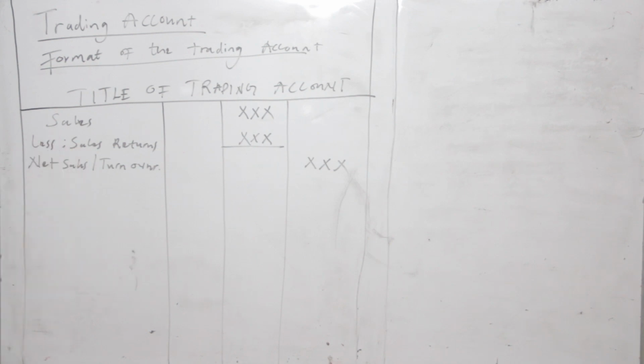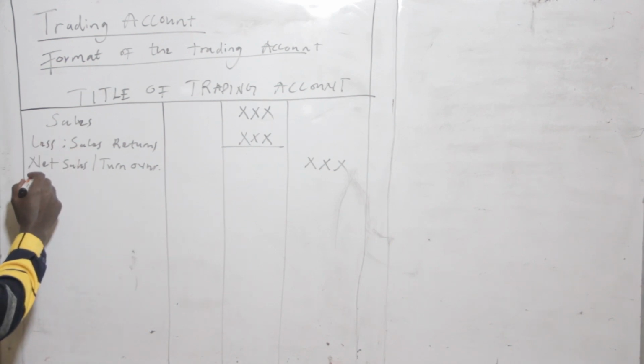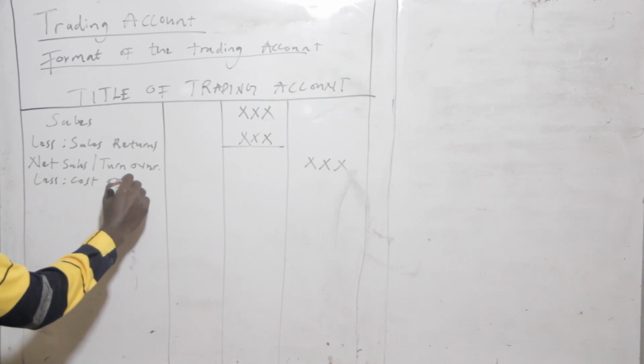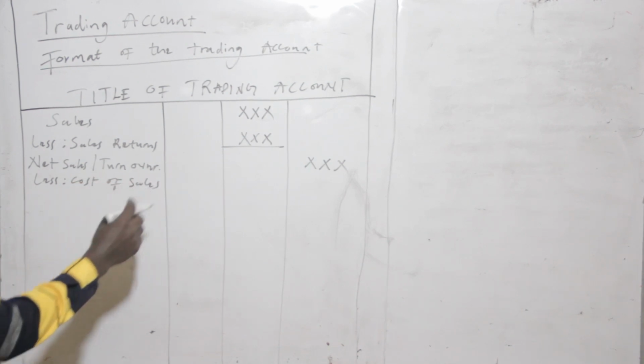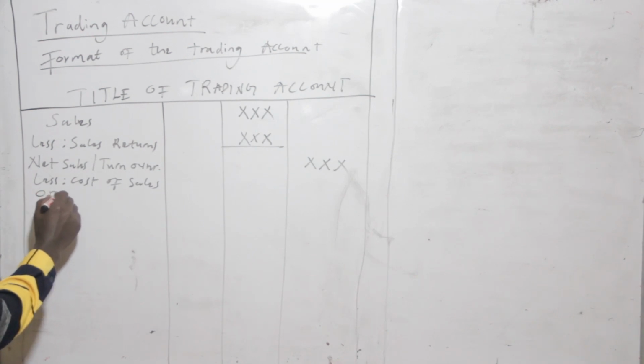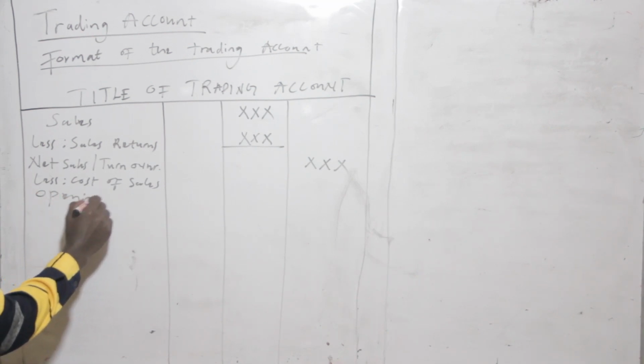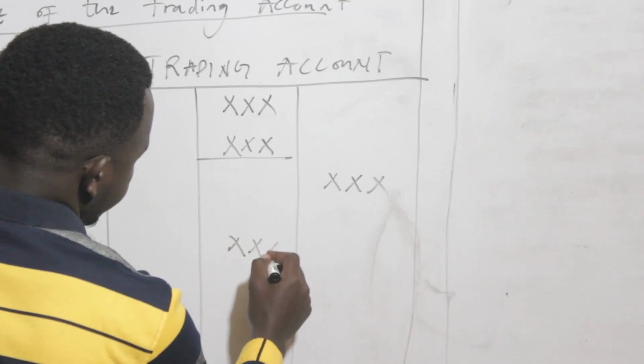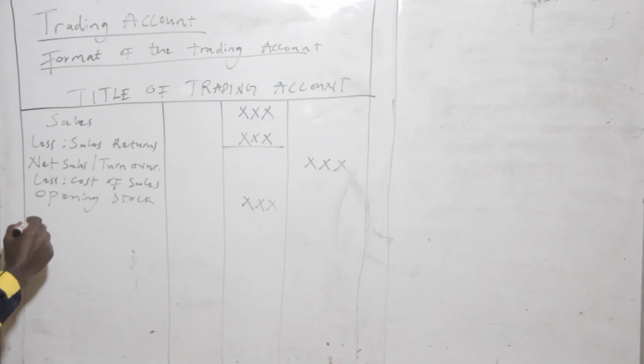Then after you do that, you're going to say less cost of sales. Then you're going to start with your opening stock. So opening stock we are going to put here. Then you're going to say purchases.